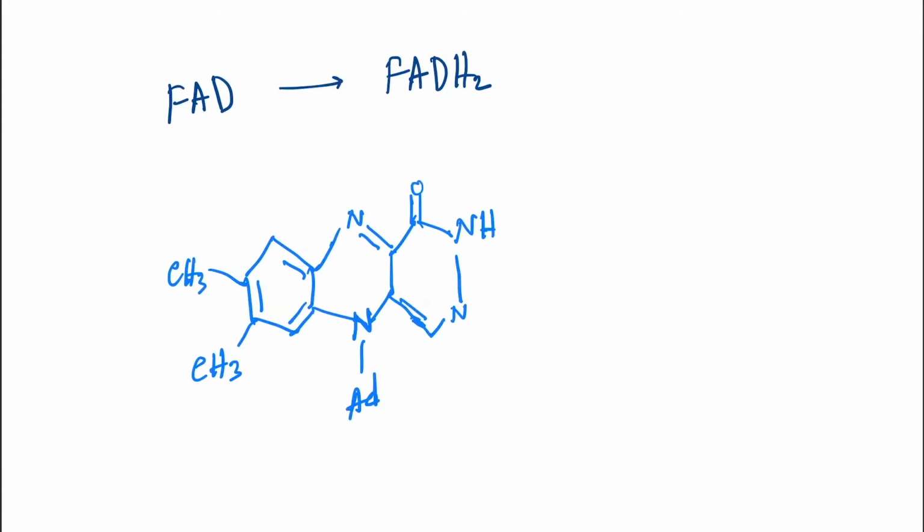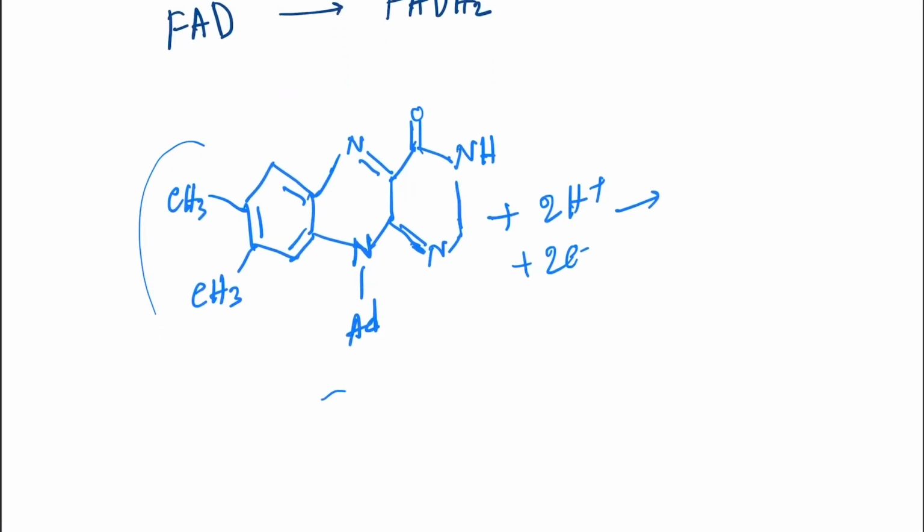There will be a double bond. Sorry, the N will be here. This is the FAD coenzyme, and it reacts with 2H plus and 2 electrons to form FADH2, where extra electrons and hydrogen get added to this nitrogen.